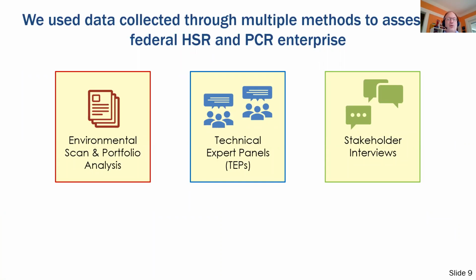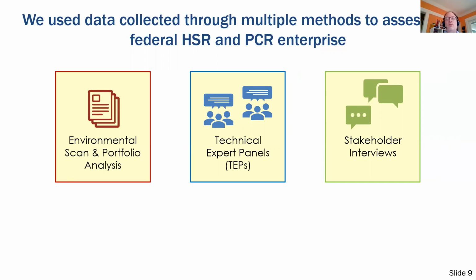So we used 3 primary data collection methods to address the study questions. The first was environmental scan and portfolio analysis, which used the machine learning methods. We also formed 2 technical expert panels, one for HSR and one for PCR. And we also conducted 50 stakeholder interviews to cover a wider range of perspectives.